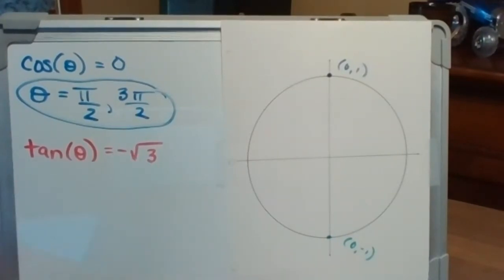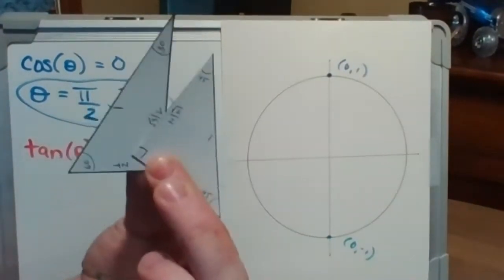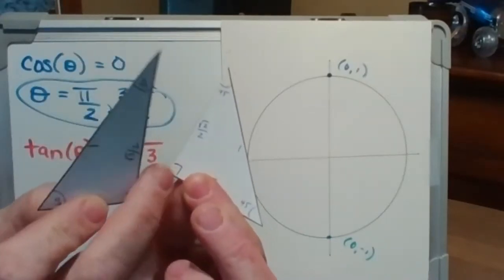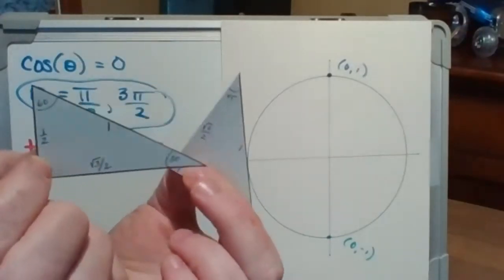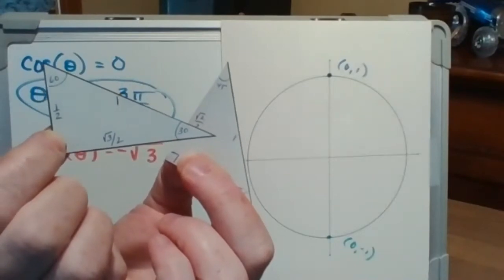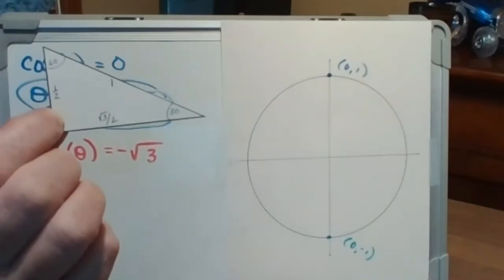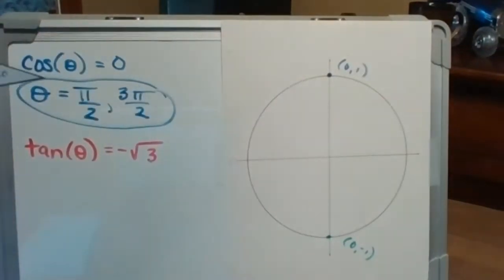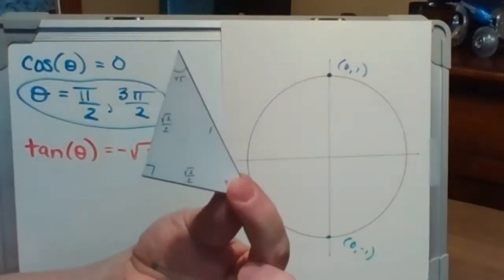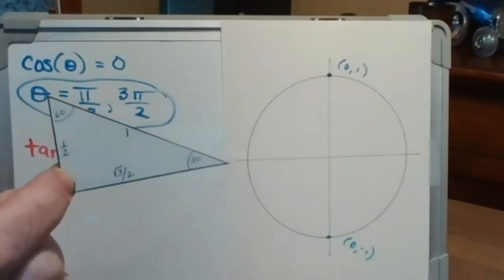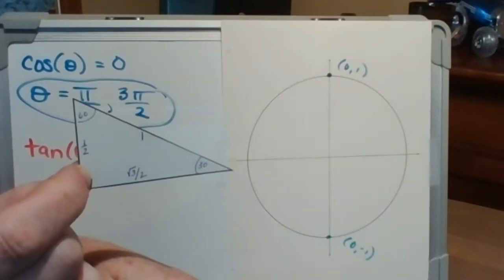Square root of 3. Well, if I take a look at my two special right triangles, which one of the triangles involves the square root of 3? The 30, 60, 90 triangle. There's no other way that I could do y over x and get square root of 3 unless it involves square root of 3.